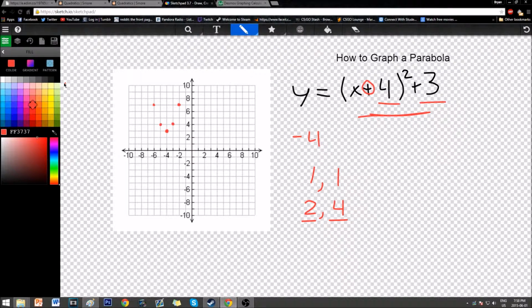So let's just draw the parabola line right here. It'll be a little messy since we're doing this not on a piece of paper. So there we have our first parabola.